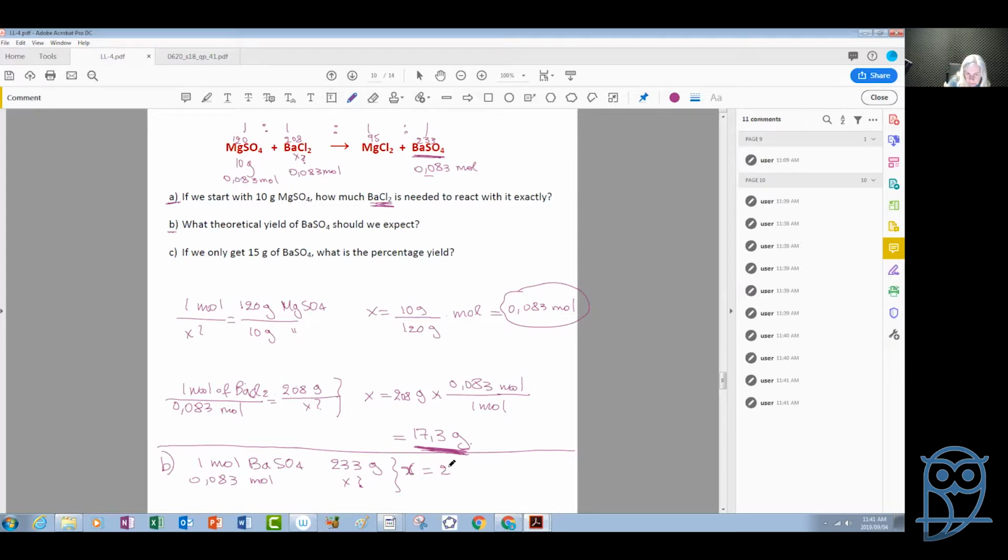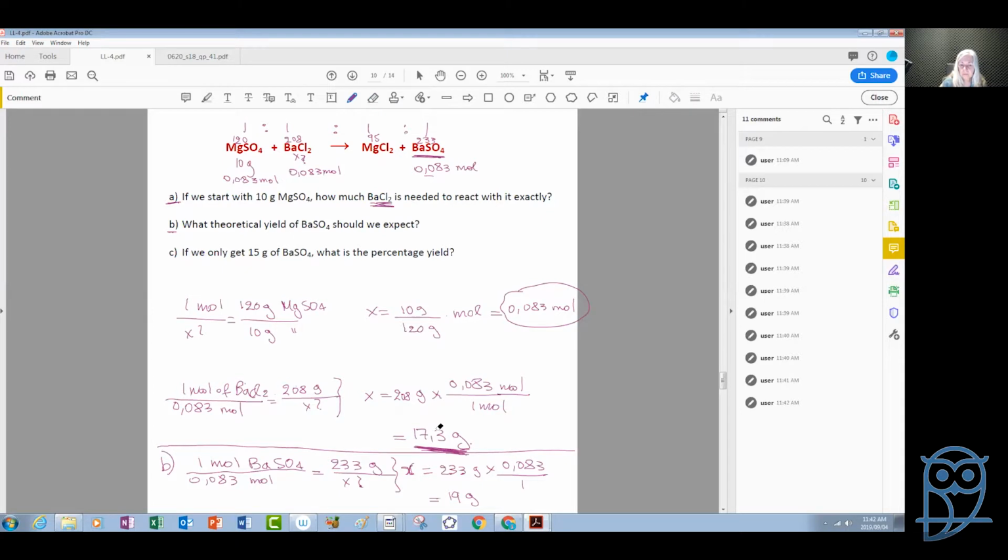So that would be 233 grams times this ratio here inverse, 0.083 moles divided by 1. And this is 233 times 0.083, which is 19.37, about 19 grams.